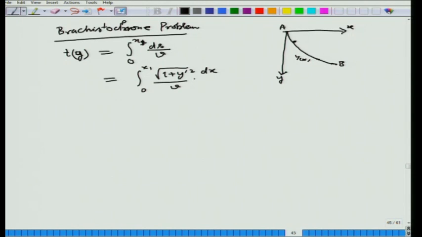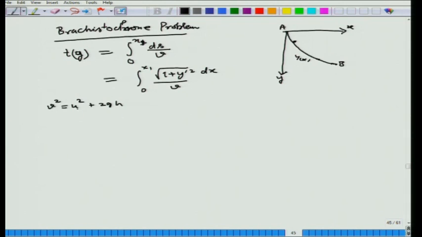Now, this v is, we know that v square equals u square plus twice g h. So, u is 0 because it is dropped from here, there is no force applied here, initially it is just at rest.